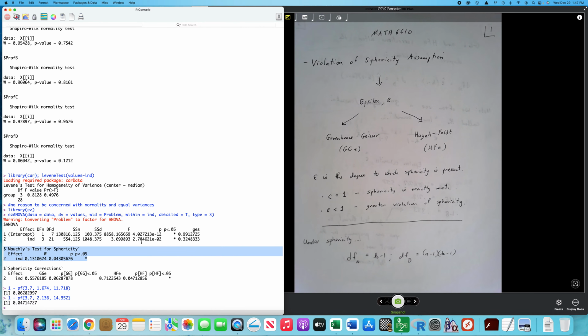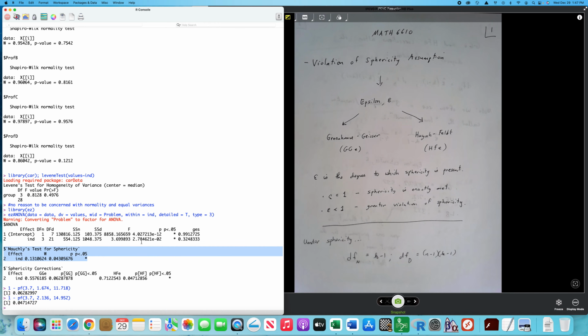In this case, this test is significant, which means that we have violated the sphericity assumption. Now, what do we do when we violate the sphericity assumption? All right, so when we violate the sphericity assumption, our focus turns to this epsilon.